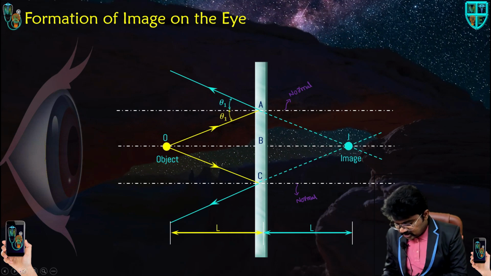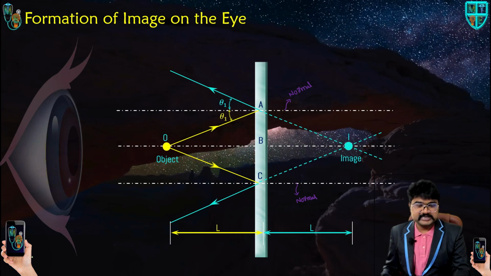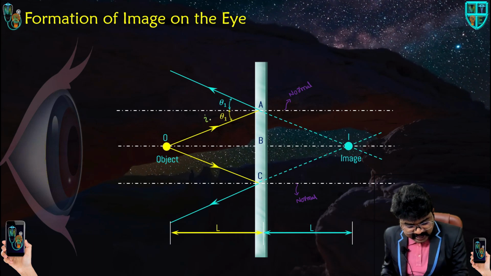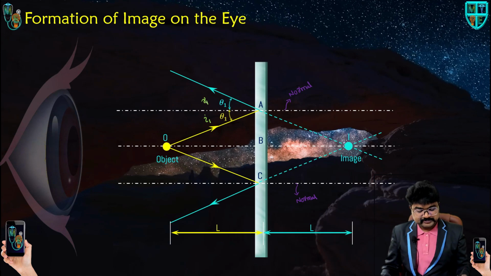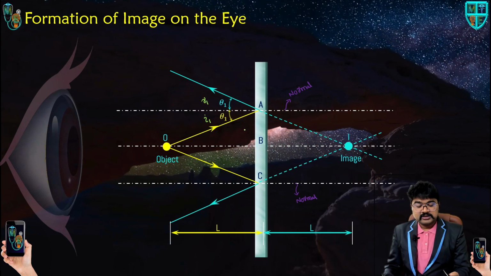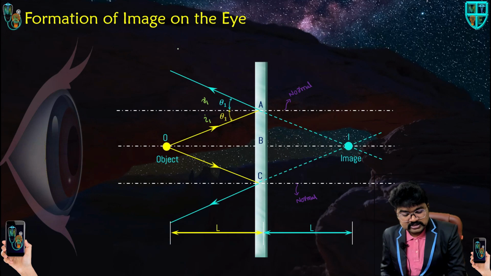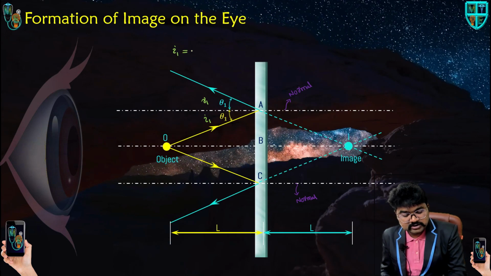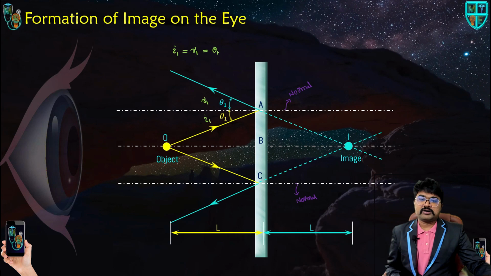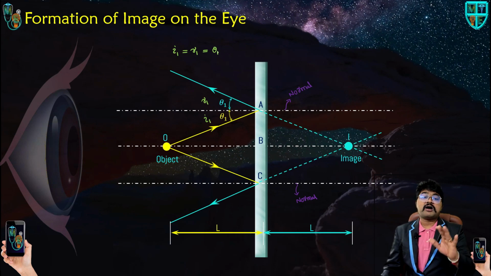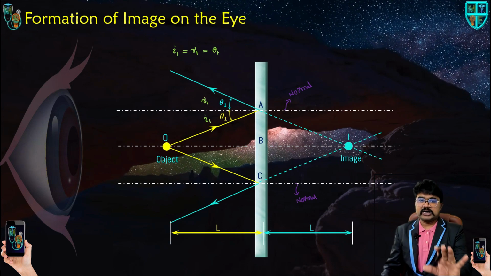This is the angle of incidence at the first point of incidence, A, I1, and R1 is the angle made by the reflected ray with the normal, the angle of reflection. If you apply the law of reflection at this point, I1 equals R1 equals theta 1. Both are equal.